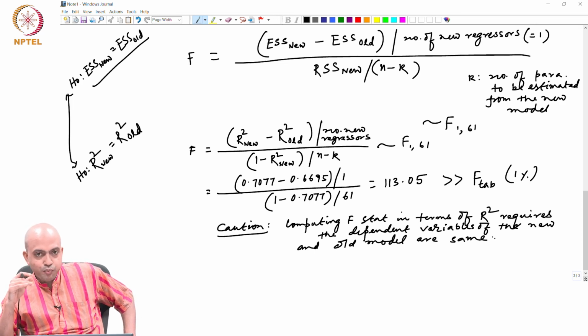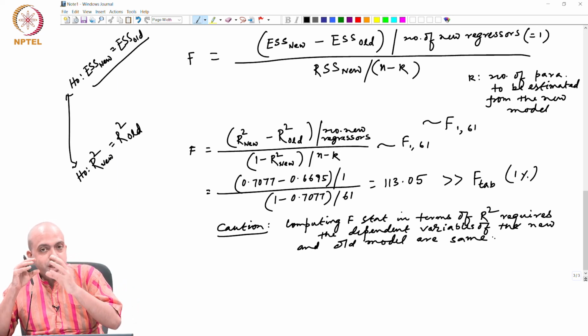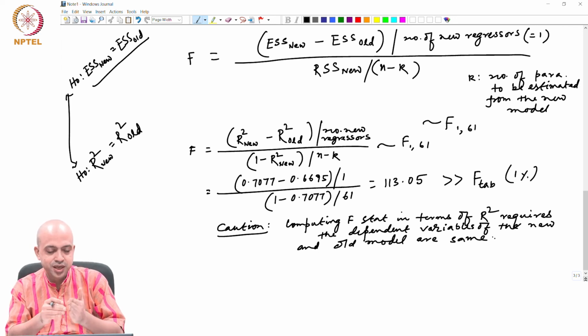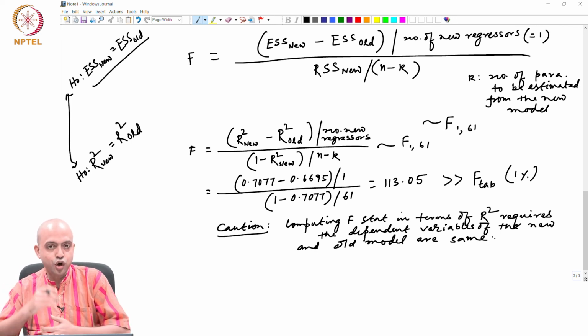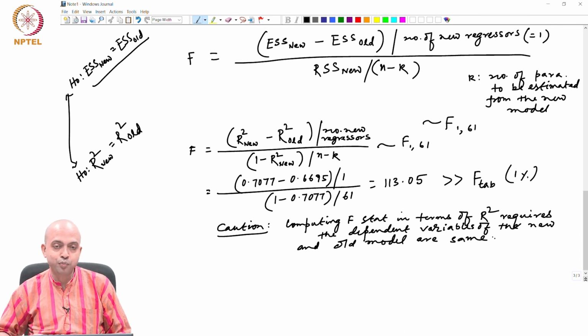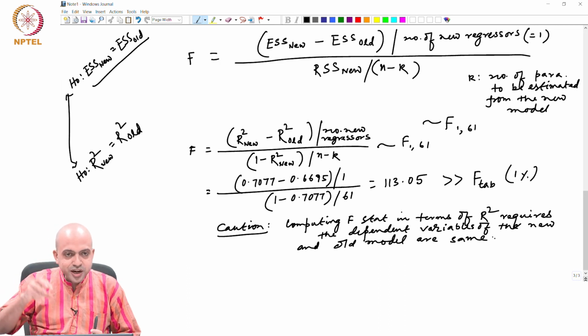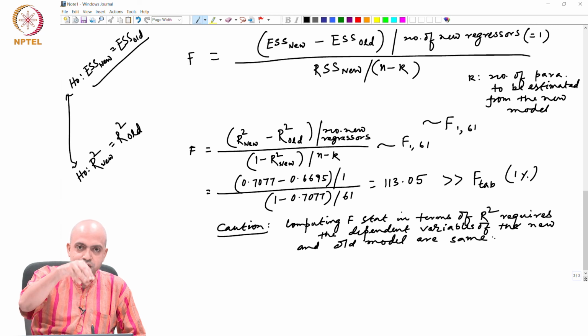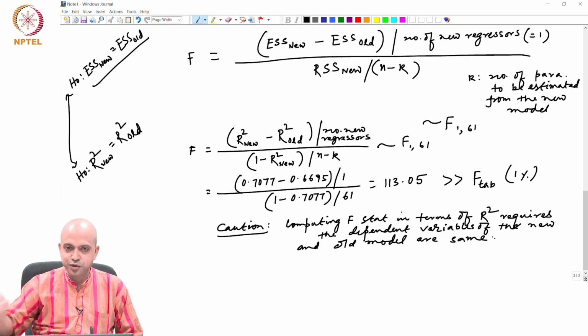This type of comparison is meaningful only when the dependent variable is the same. When the dependent variable is different, in one case it is Cm and in another model it is log of Cm, then we cannot compare the two R squares. By definition, R square says what percentage of total variation in the dependent variable y is explained by your model.